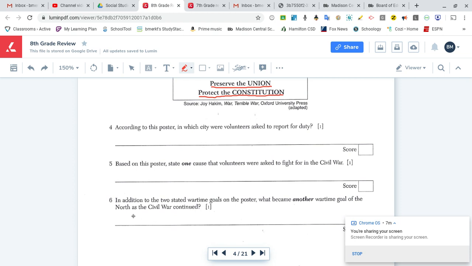On January 1st, 1863, Abraham Lincoln issued the Emancipation Proclamation, which freed all the slaves in the Confederate States, or the states still under Confederate control. That became a goal of the North, or of the Union, which was to free the slaves. There were a couple different reasons that Abraham Lincoln did that.